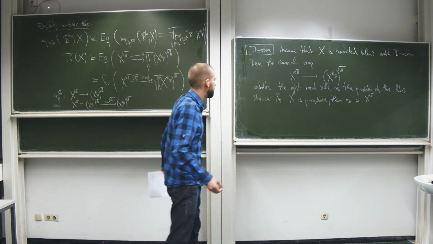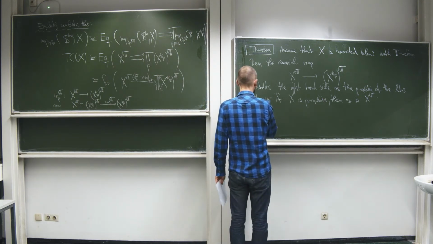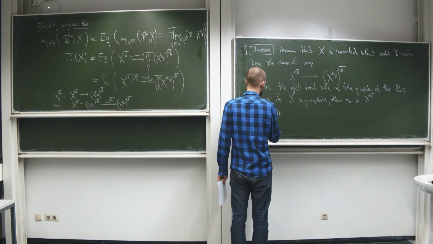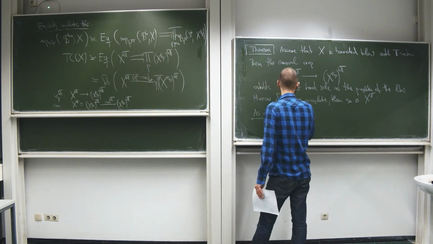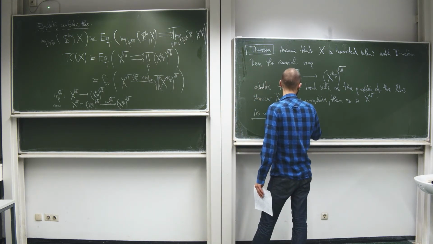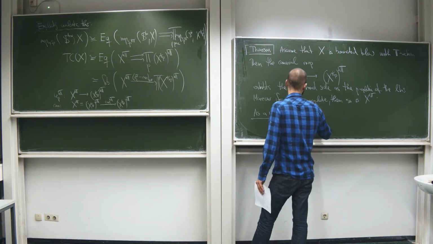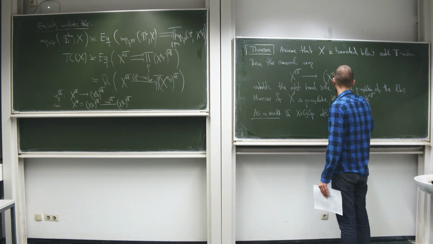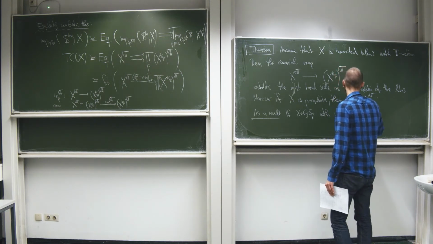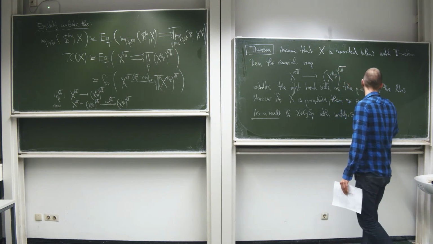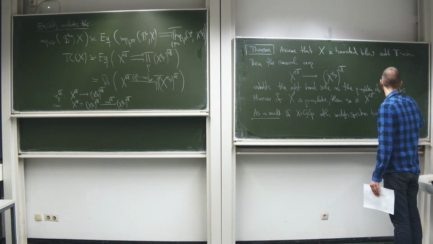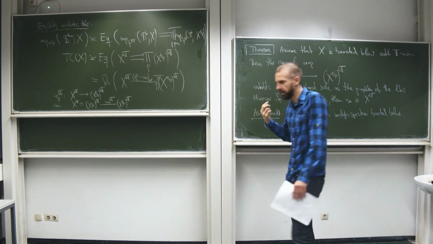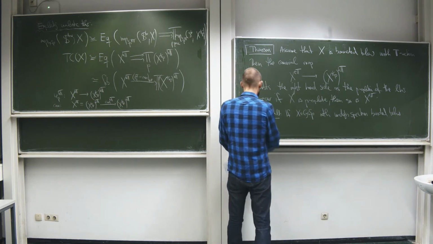So as a result, if X is a cyclotomic spectrum with underlying spectrum bounded below. That's what I will just mean by saying a cyclotomic spectrum is bounded below.